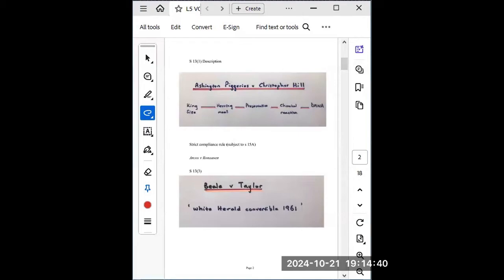As we said, in order for Section 13 to apply, there must be an express term as to description. If the contract term is that the suit is to be made of wool, if the suit is made of cotton or something else, then this would be a breach of the express term and a breach of Section 13.